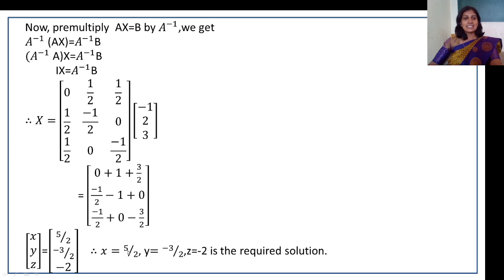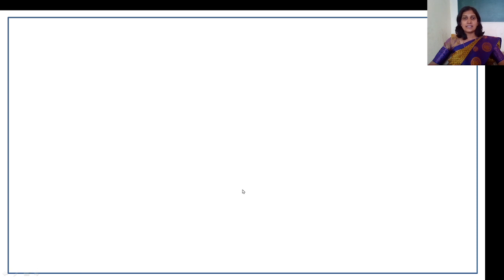So, X is equal to 5 by 2, Y is equal to minus 3 by 2, Z is equal to minus 2 by equality of matrices. So these are the given solution. We have to just multiply these two matrices. This is the answer of this example.